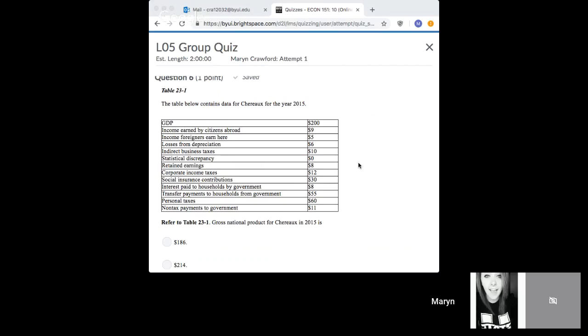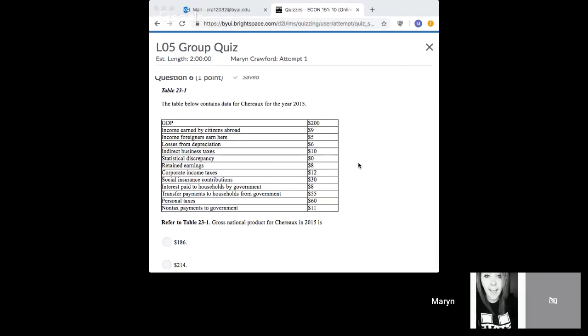Gross national product is only the income that citizens of the country make. So for example, if someone from the United States went and earned money in Canada, that money they earn in Canada counts as the U.S. gross national product, because it's all income by citizens of the U.S. If that makes sense.